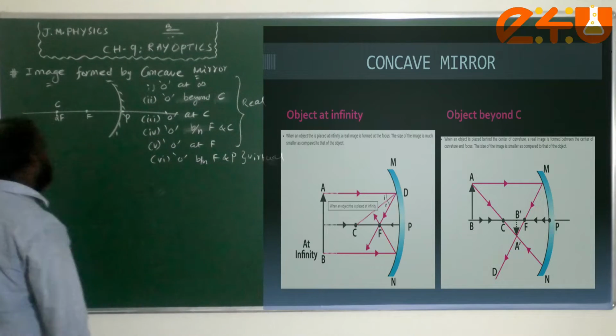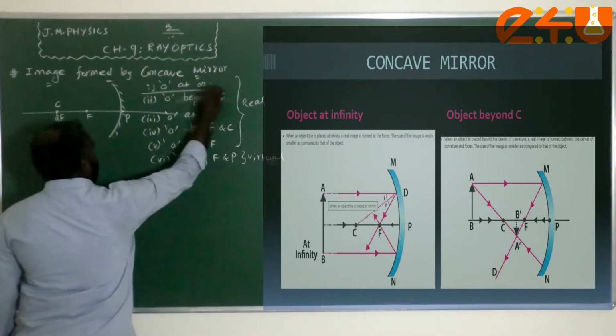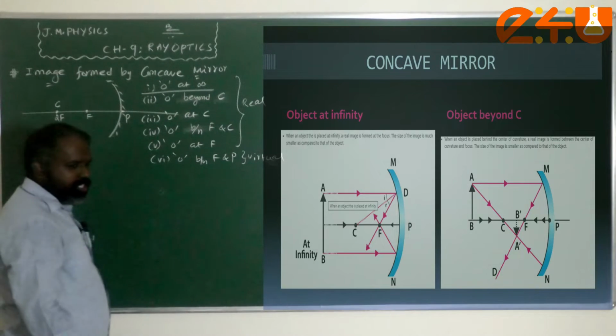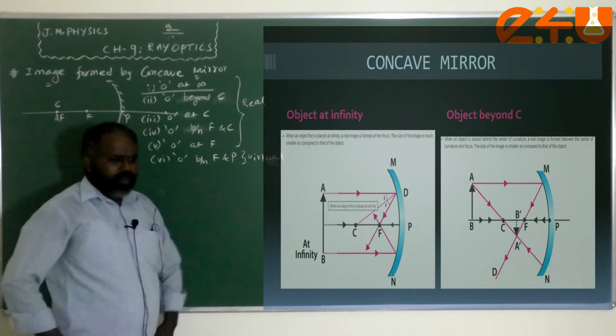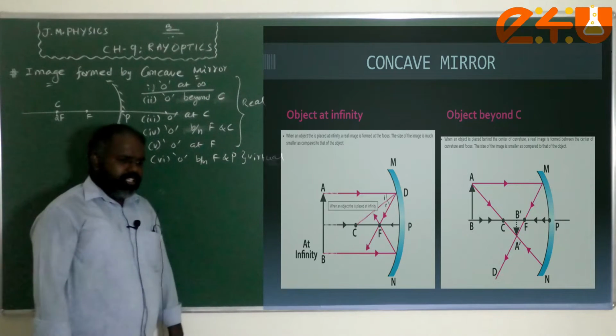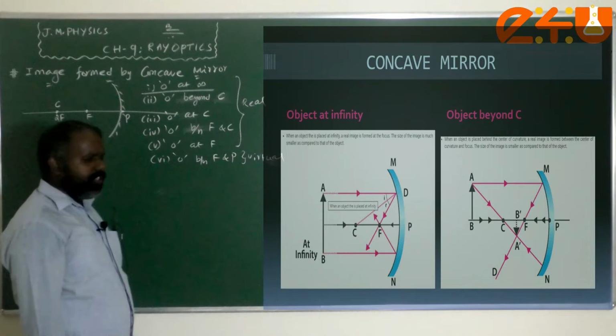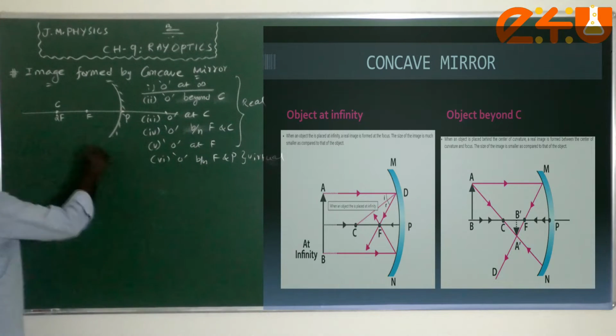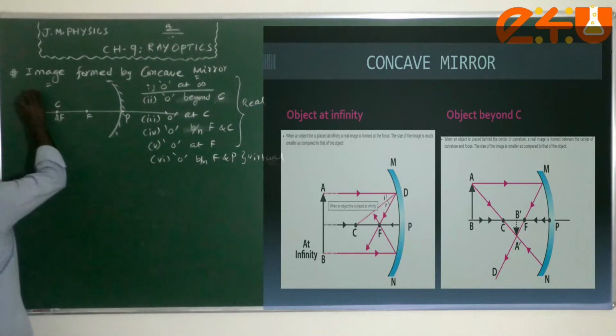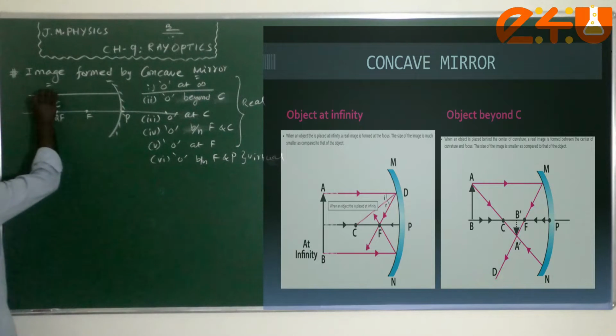Children, the first position is object at infinity. You can see the given diagram. The ray diagram is shown here in a slide for your reference. Whenever the object is at infinity, we know that the light rays coming from an infinite distance object will be parallel light rays.